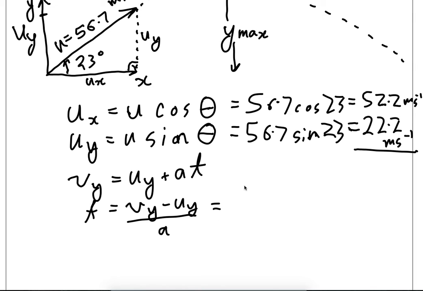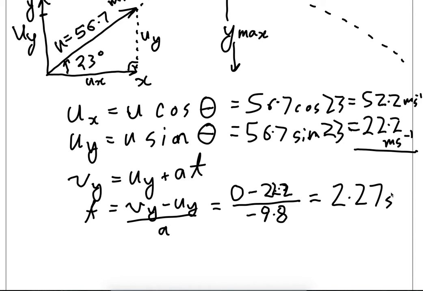The vertical velocity at the top of its flight is 0. The vertical velocity at the start is 22.2 meters per second. The acceleration, remember, is going to be negative 9.8 because it's in the direction opposite to the direction that we've chosen as positive. And so that's going to be minus 22.2 over minus 9.8, 2.27 seconds.